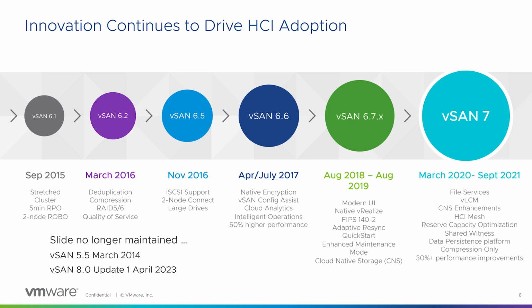It scales to the same size as a vSphere cluster. And why can vSAN scale to the same size as a vSphere cluster? It is vSphere. There is actually no additional installation for vSAN. vSAN has been inside ESXi going back to all of these releases I'm showing you here. It's just a feature that you either choose to use or not to use.